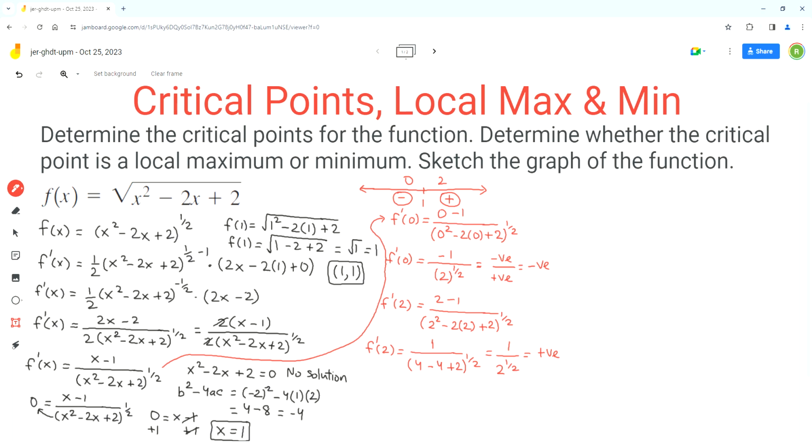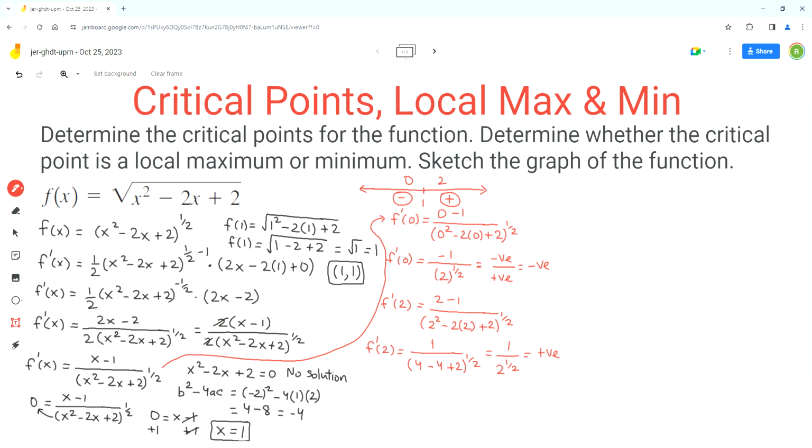So now we can use these results to find whether the critical point is a local maximum or minimum. At the critical number, the function is changing from decreasing to increasing as we go from left to right.